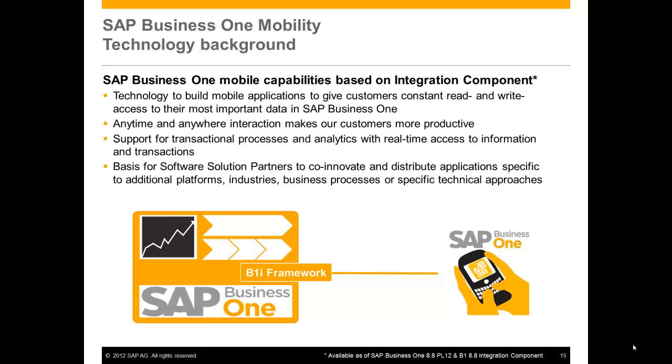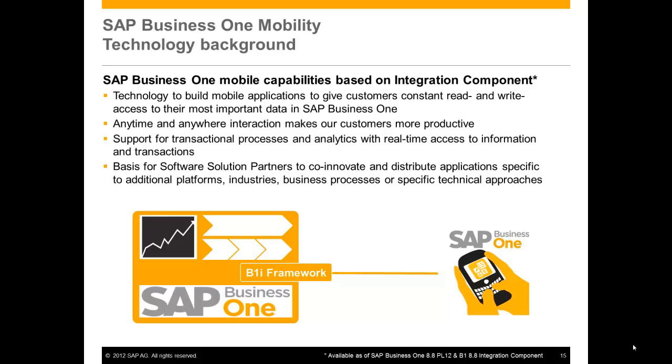The technology for the SAP Business One mobile application is based on our integration component, and it's really designed to enable our partners and SAP, of course, to build mobile applications that give constant read and write access to the important data in SAP Business One. The anytime, anywhere interaction that enables, we believe, and we've heard from our customers, makes them more productive.